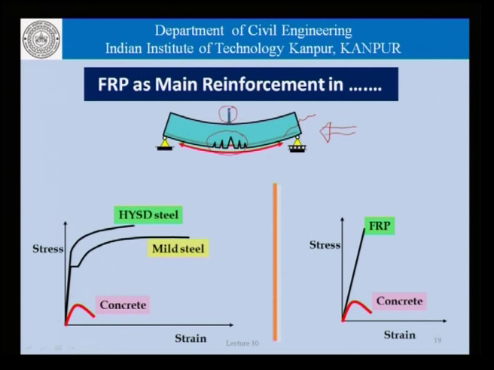So, once we have this reinforcement, the cracks do not run through and these materials go in tension, and that is what the basic behavior of reinforced concrete is all about.